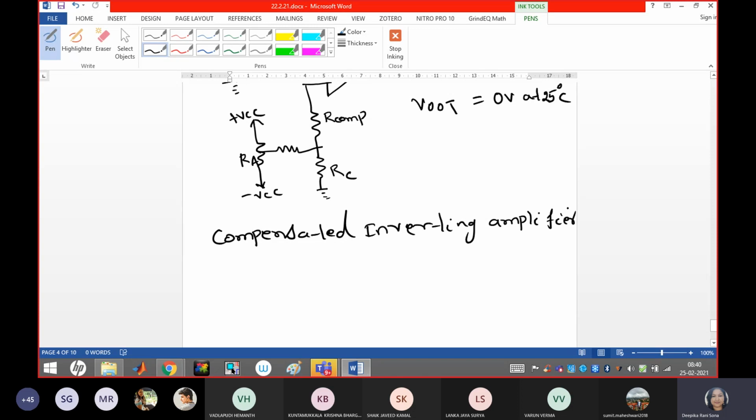Guys, I wrote that del T. What is the del T? Capital del T, capital T represents the change in temperature. Suppose if I write it for small t, it may represent your time.